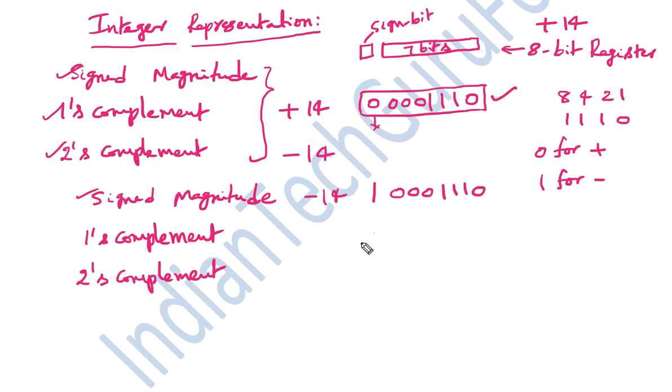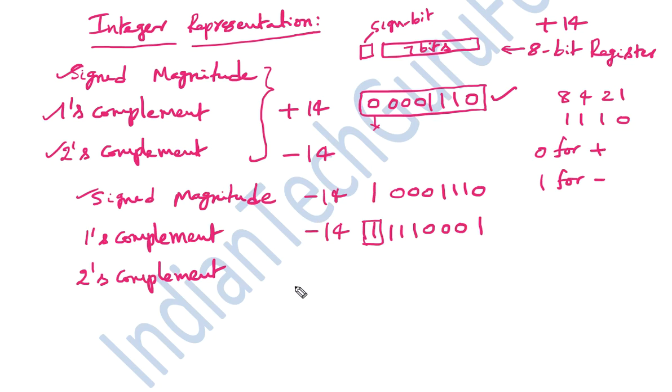Now the ones complement will be: change zeros to ones and ones to zeros, 1, 1, 1, 1, 0, 0, 0, 1. So this is the representation for minus 14 in ones complement. Here you may observe that the sign bit is 1.